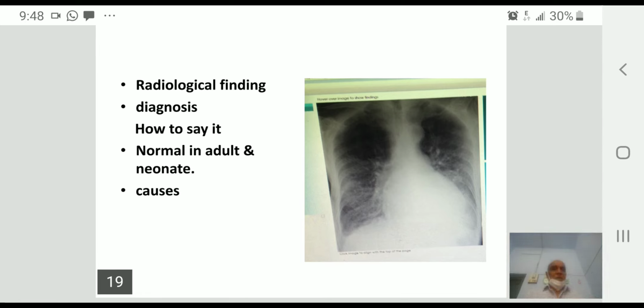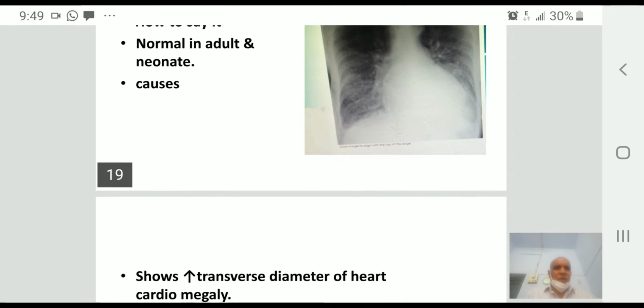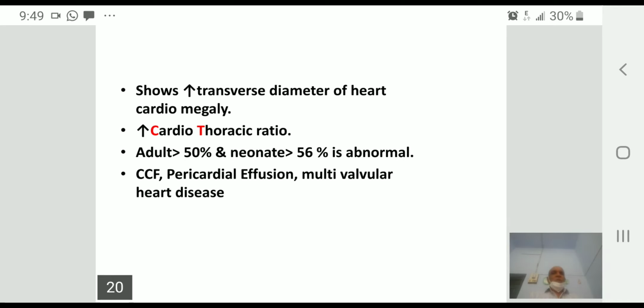Look at the X-ray. It shows a PA view, some opacity in the right lower and mid zone, with an increase in the size of the heart. So the X-ray is of cardiomegaly. The transverse diameter of the heart is increased, so it is called cardiomegaly.